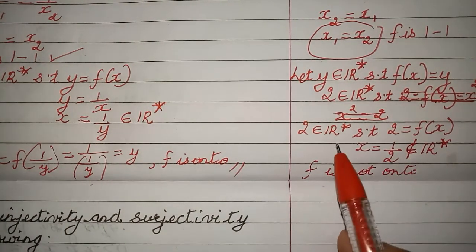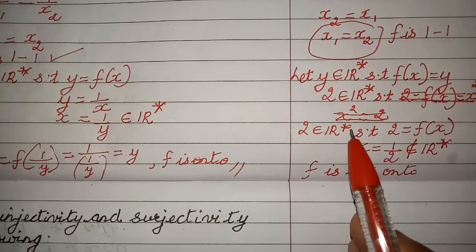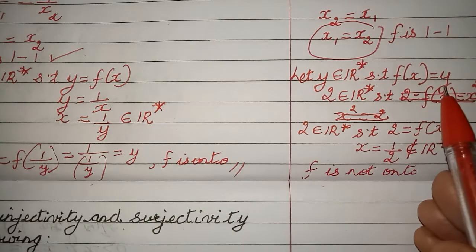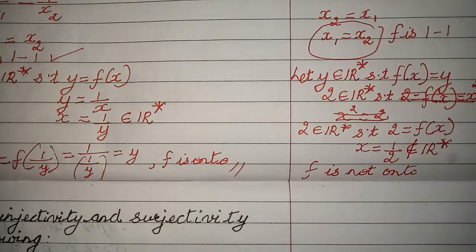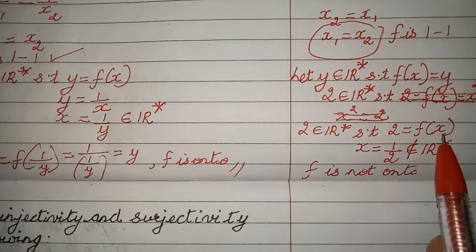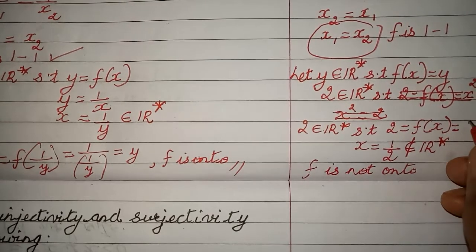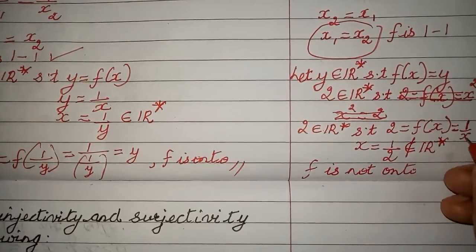What did I do? I started with an element of R star, but by the definition, if it is onto, then it should be of the type y equal to f of x. So instead of y, I put here 2 equal to f of x. But f of x is nothing but 1 by x.